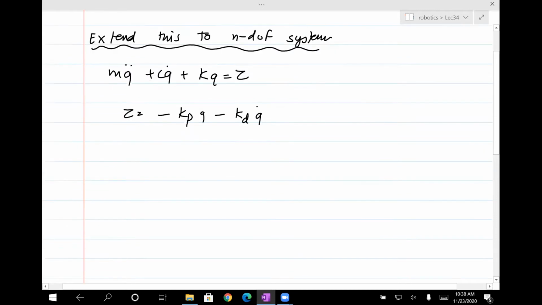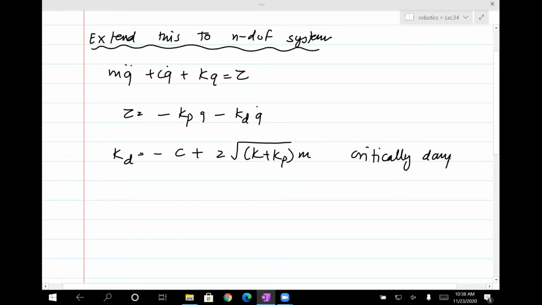And then we said that KD should be equal to minus C plus 2 square root of K plus KP times M for the system to be critically damped. Okay, so this is 1 DOF.